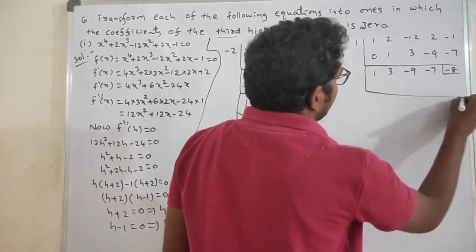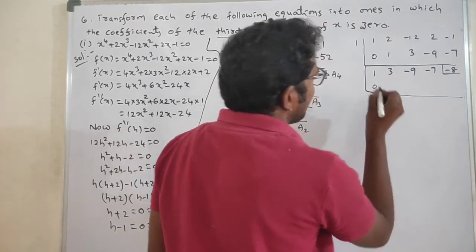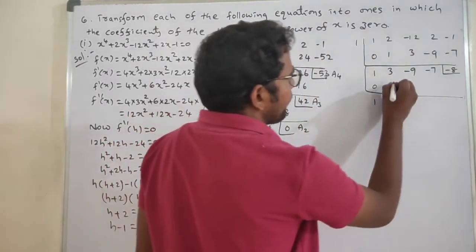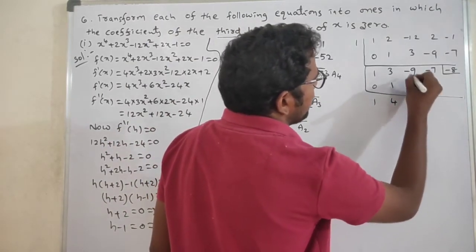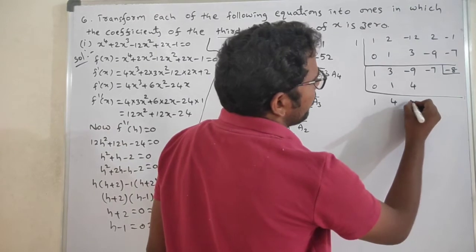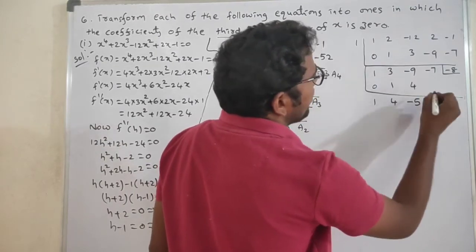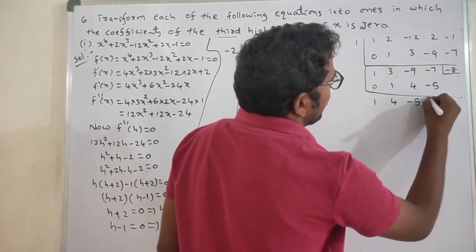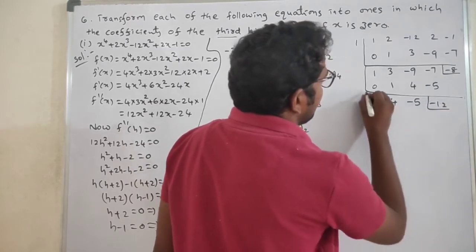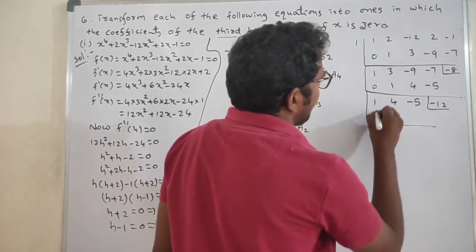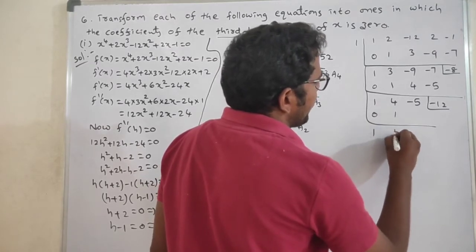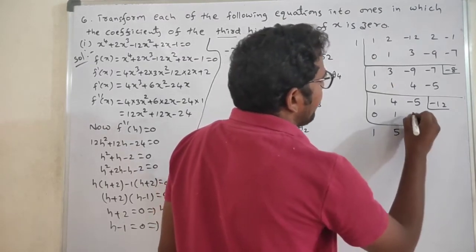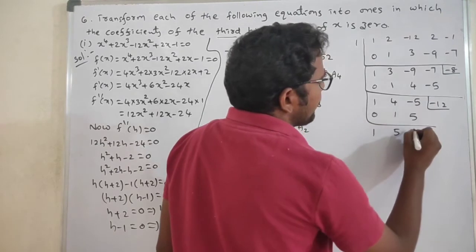Next, continue the same process: 1 plus 0 is 1, 1 1 is 1, 3 plus 1 is 4, 1 4 is 4, minus 9 plus 4 is minus 5, 1 into minus 5 is minus 5, total minus 12. Again 0, 1 plus 0 is 1, 1 is 1, 4 plus 1 is 5, 1 into 5 is 5, minus 5 plus 5 is 0.